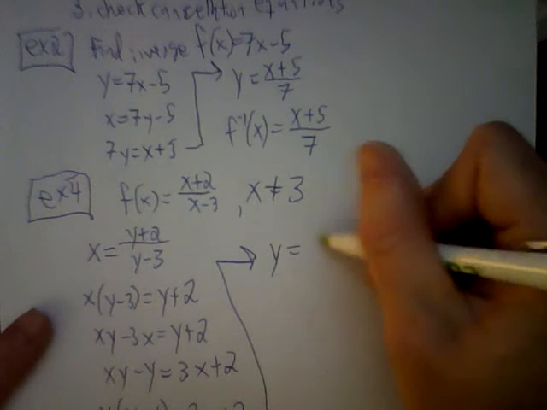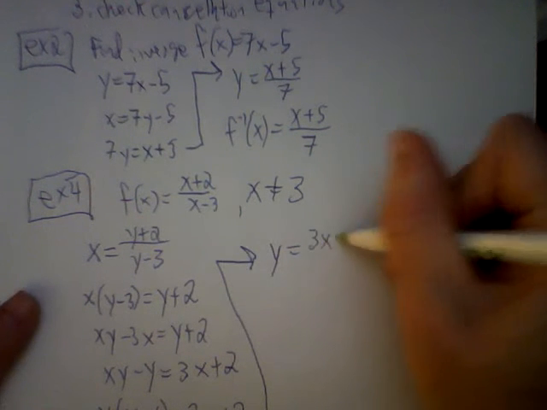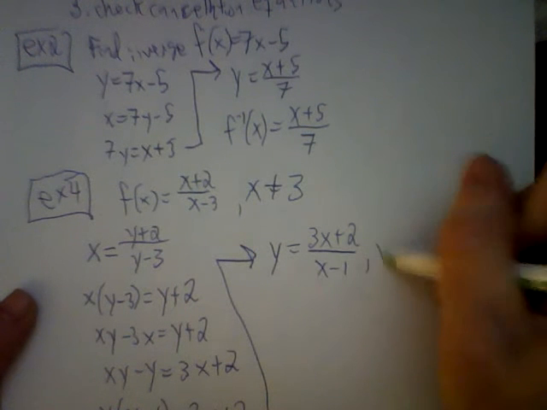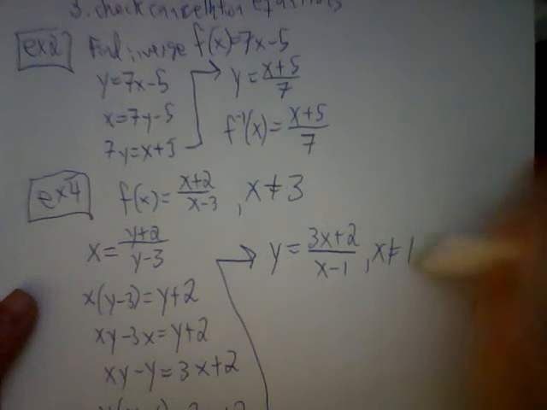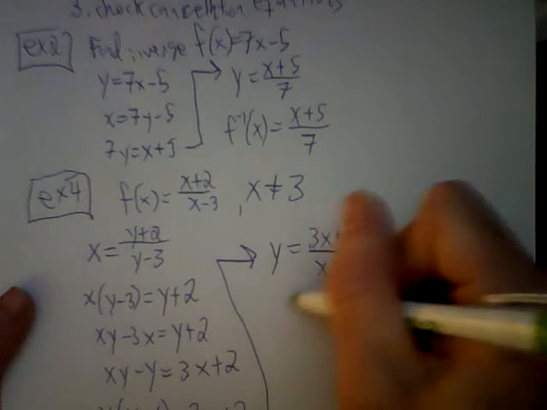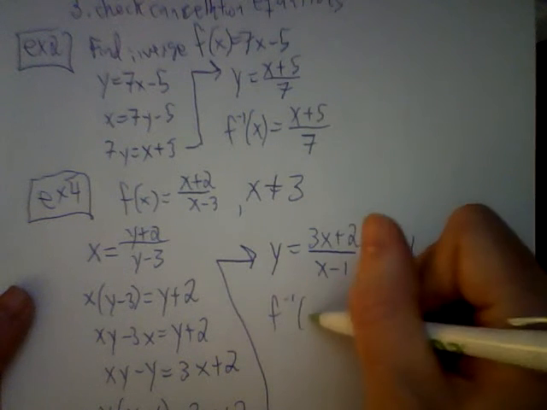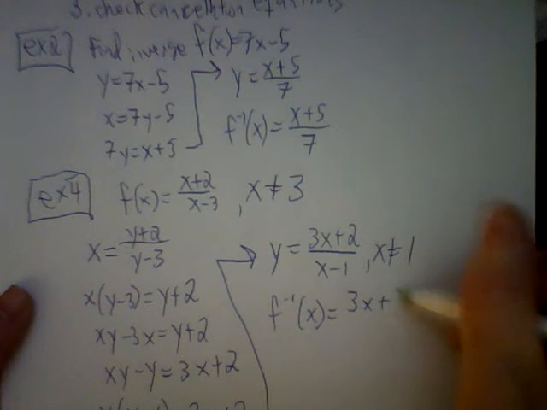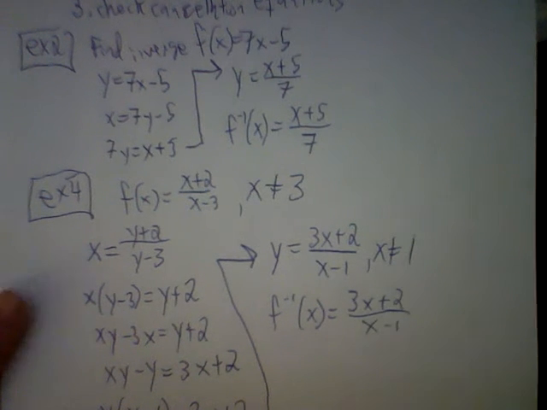So x can't be 1 in this case. So you have y equals 3x plus 2 all over x minus 1. And you have a restriction on that. Okay. And so that'll be your inverse function. So f inverse of x is this 3x plus 2 over x minus 1.